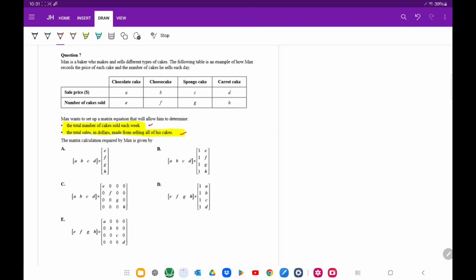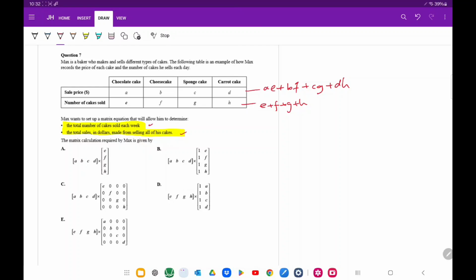We've got sale prices and number of cakes sold, and we want to add up E plus F plus G plus H. Then from the sale price, you want the number of cakes that you sold times the sale price, so AE plus BF plus CG plus DH.